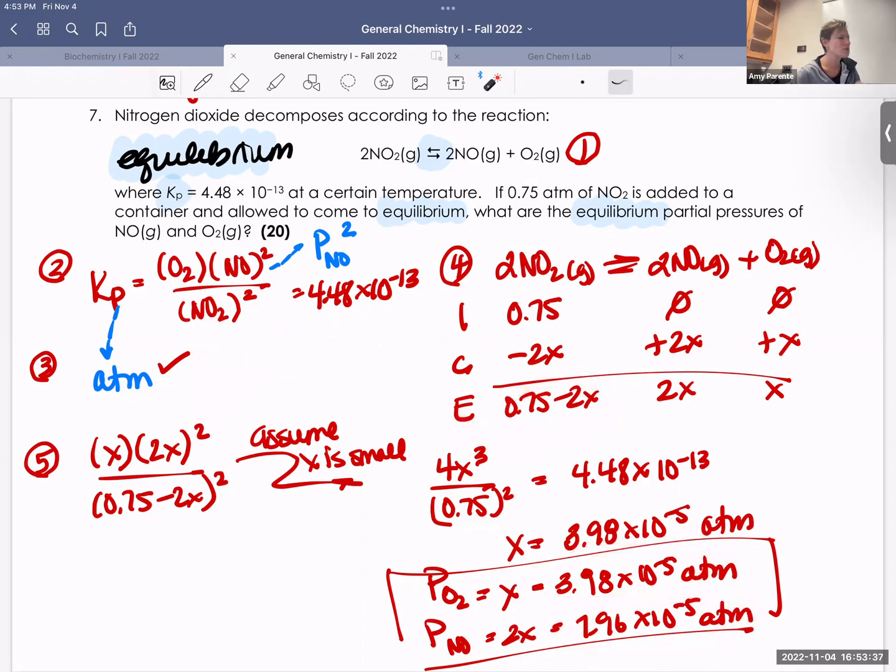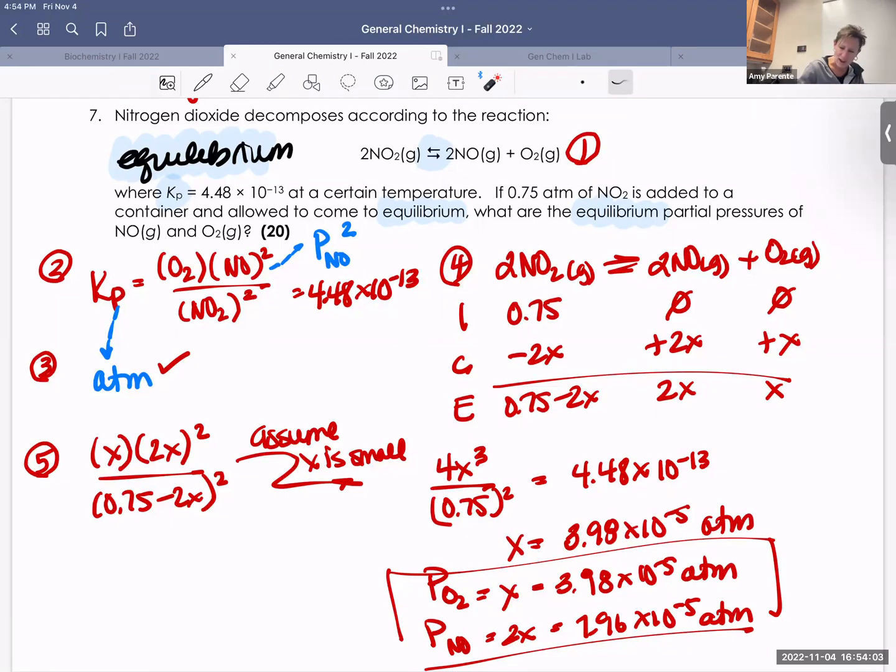I wouldn't spend time doing it while you're doing the test, but if you have time at the end and you want to double check if your answer is right, if you get values for all 3 of those, you can square the ones that need to be squared, and you should get close to, it won't be exact if you had to make an assumption, but you should be in the ballpark of 4.48 times 10 to the minus 13th.